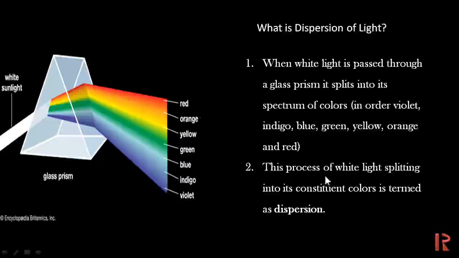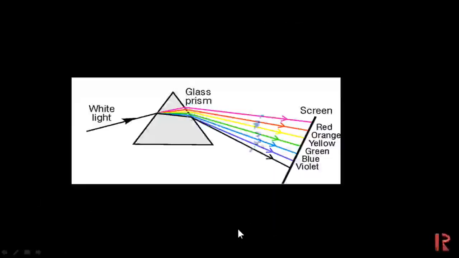This process of white light splitting into its constituent colors is termed as dispersion. White light passing through a glass prism and splitting into 7 colors is simply known as dispersion.